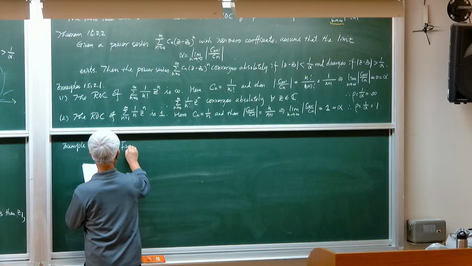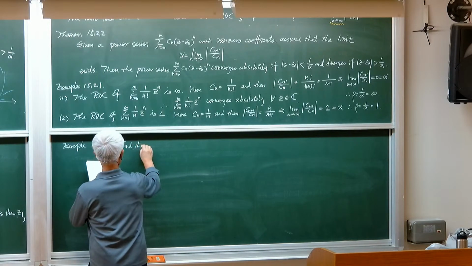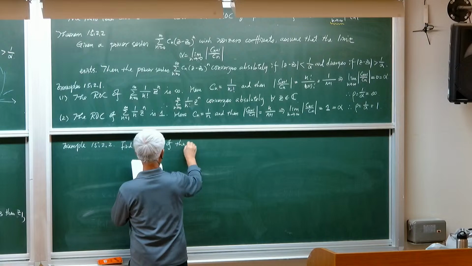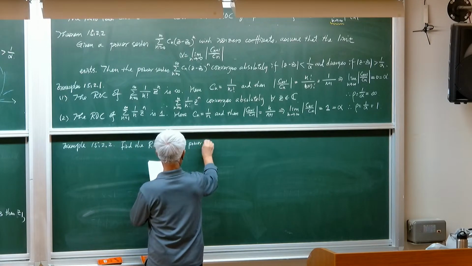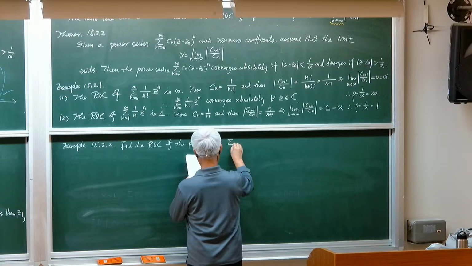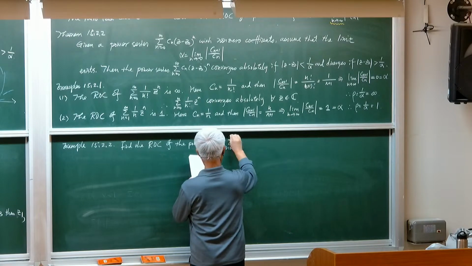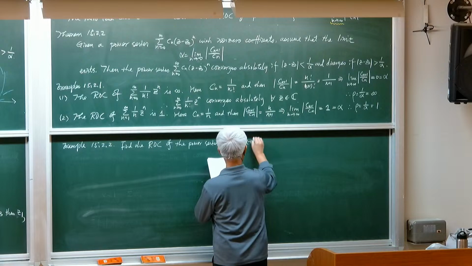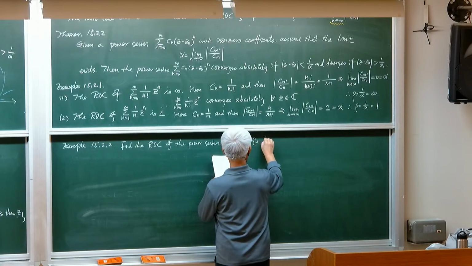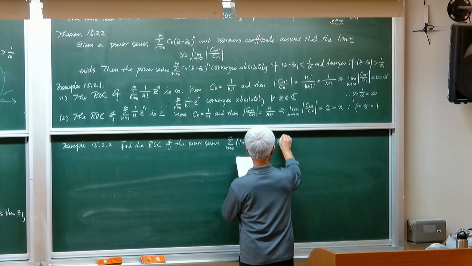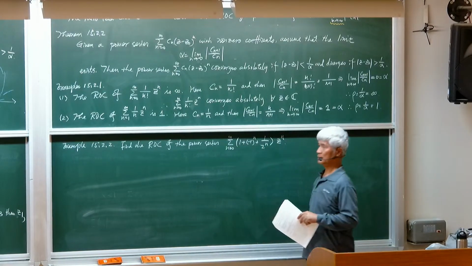Find the ROC of the power series, the summation of (1 plus (minus 1) to the n's power) to the 1 over 2n, times z to the n.